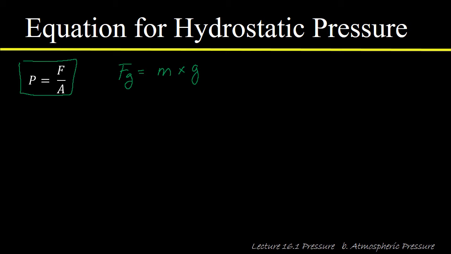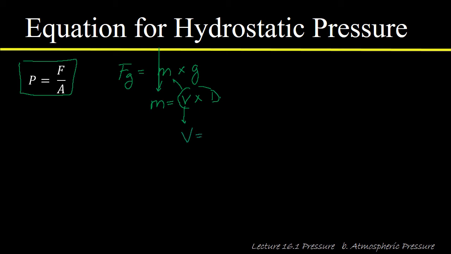The mass is just the volume times density, right? So we can take volume and density and substitute it in for the mass. But before we do that, substitute here for the volume.